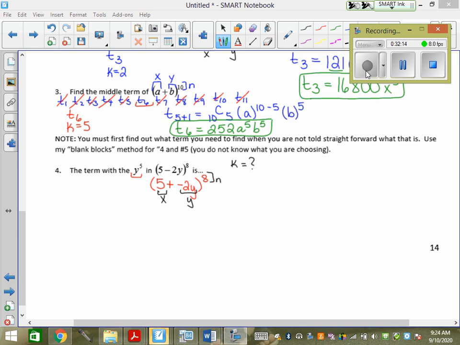I put a box in for k, and then I fill in the box later. I just leave a little box. So I'm going to fill into the formula: t box plus 1 equals x, which is 5, to the 8 minus box, and then negative 2y to the box.